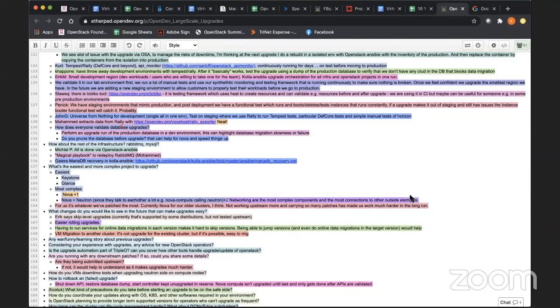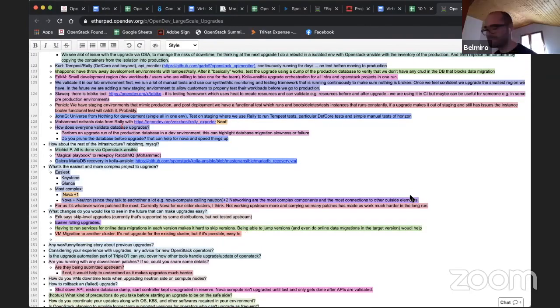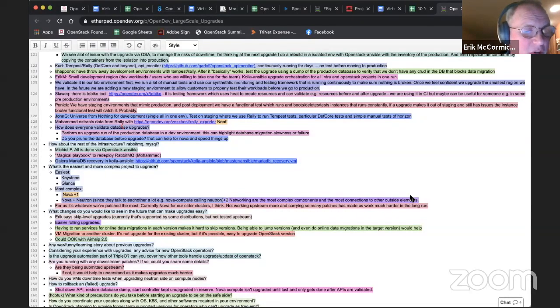How about better rolling upgrades? Go ahead, Eric. I agree. Rolling upgrades would be another way to do that, right? Some projects are more geared towards that than, I know, Nova, and for example, there is a lot of lazy database migrations and things like that going on.